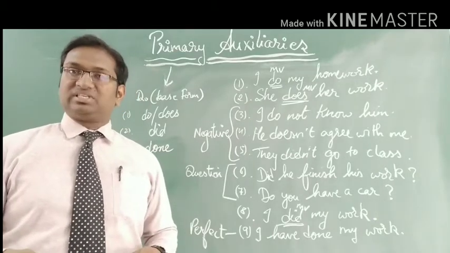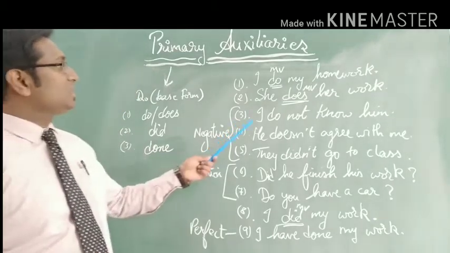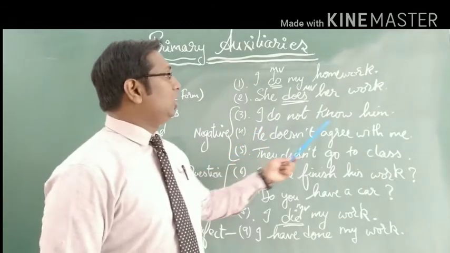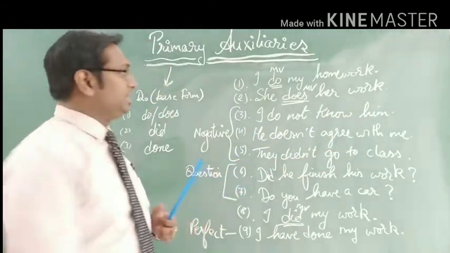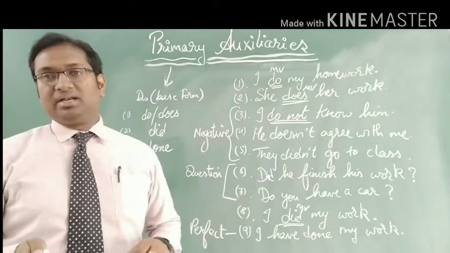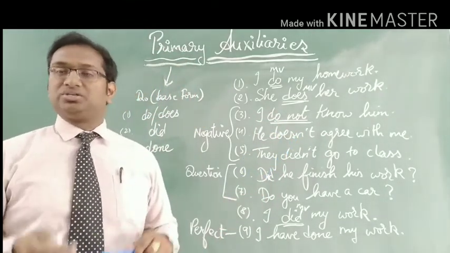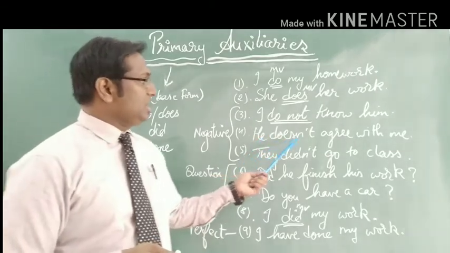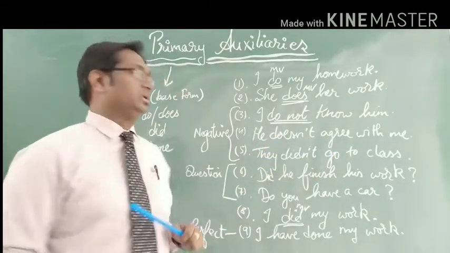Now this form, do, does, did, can be changed into negative as well as interrogative. So first we are going to see the negative sentences. I do not know him. Now over here we are using not, so that is why it is negative. He doesn't agree with me.